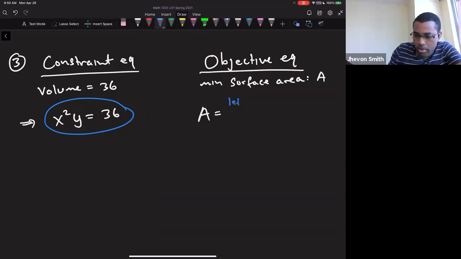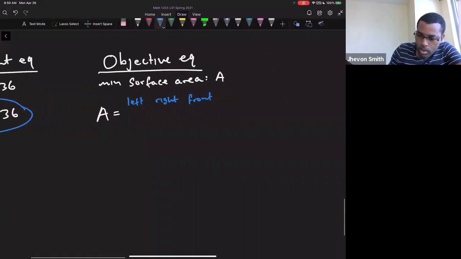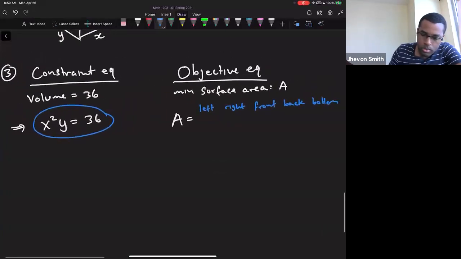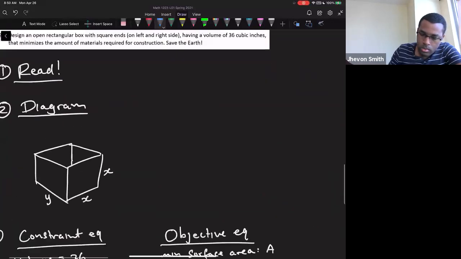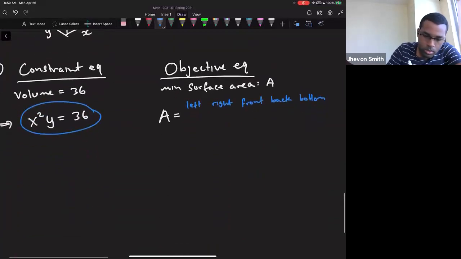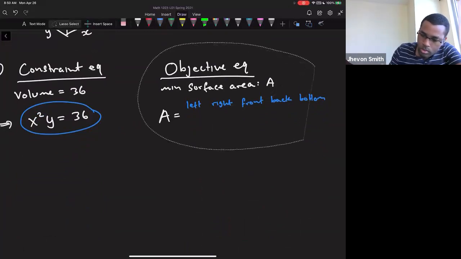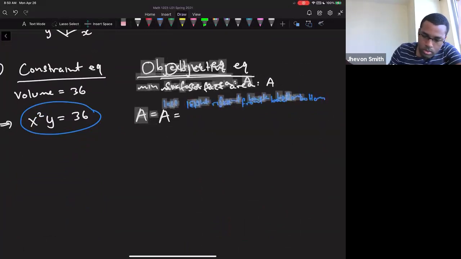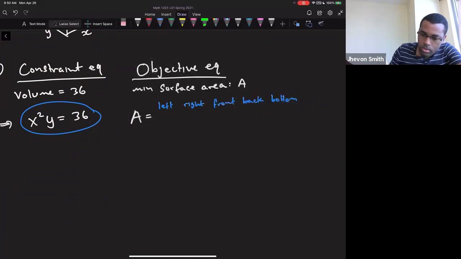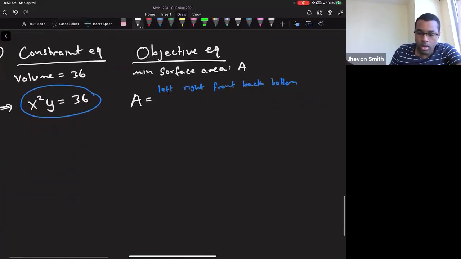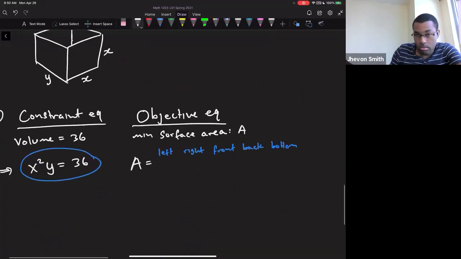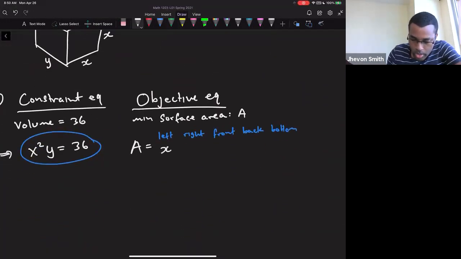So we're going to worry about the left, the right, front, back, bottom. Okay. So area on the left, the left is a square, so it's just x squared.